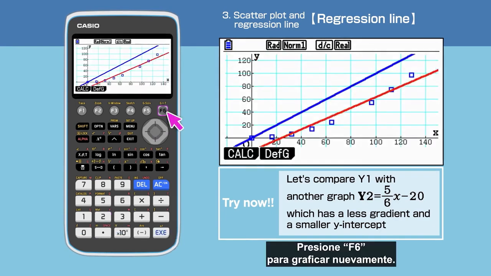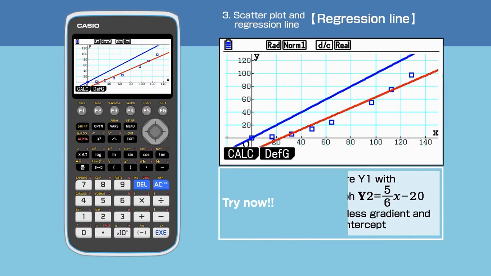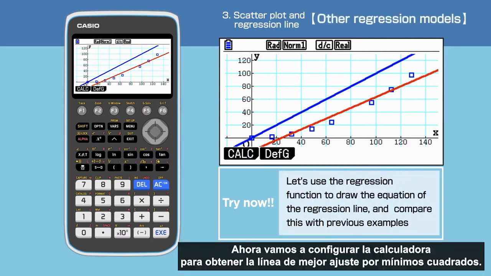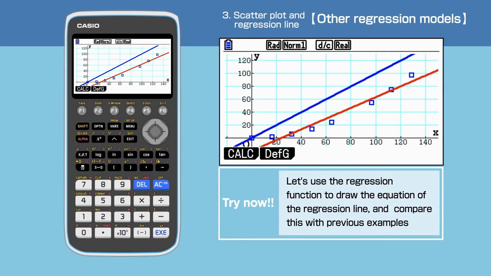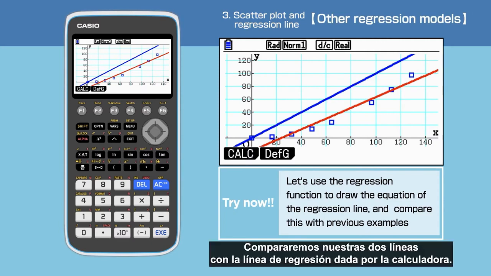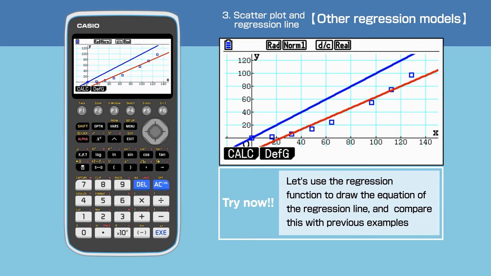Press F6 to draw. We have the second graph shown in red, which shows to be a better fit than the blue line. Next, we will let the calculator work out the least squares regression line. We will compare our two lines and the regression line done by the calculator.